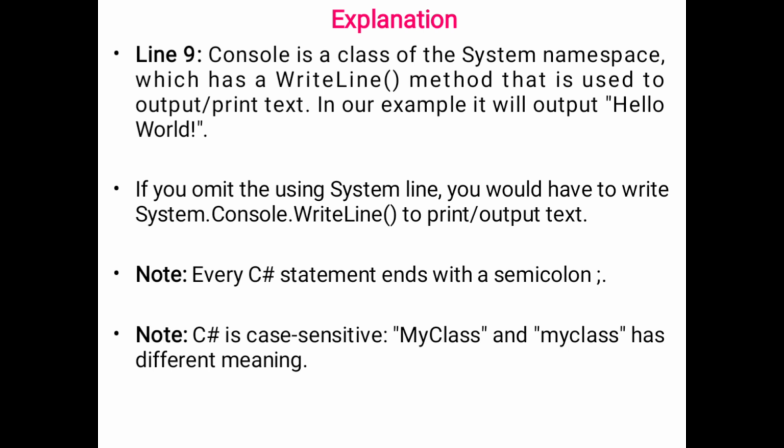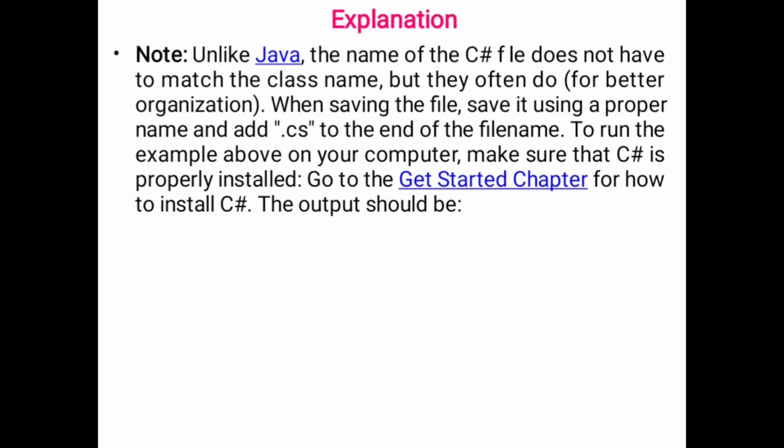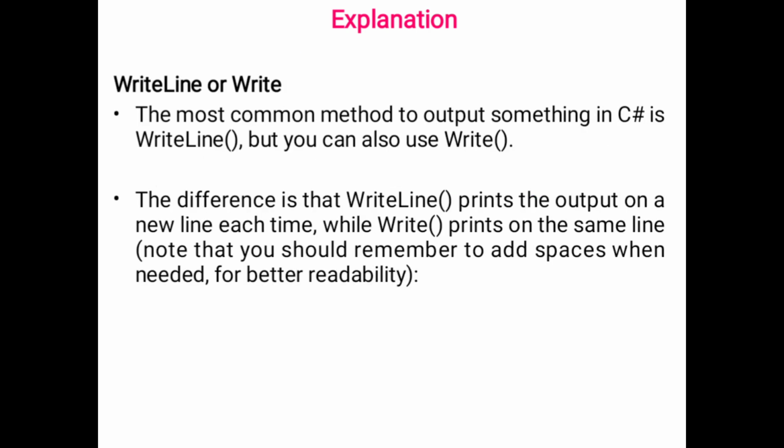This one is most important. Another important point is that C# is case sensitive, so MyClass and myclass are different. The most common method to output something in C# is WriteLine, but you can also use the Write method.